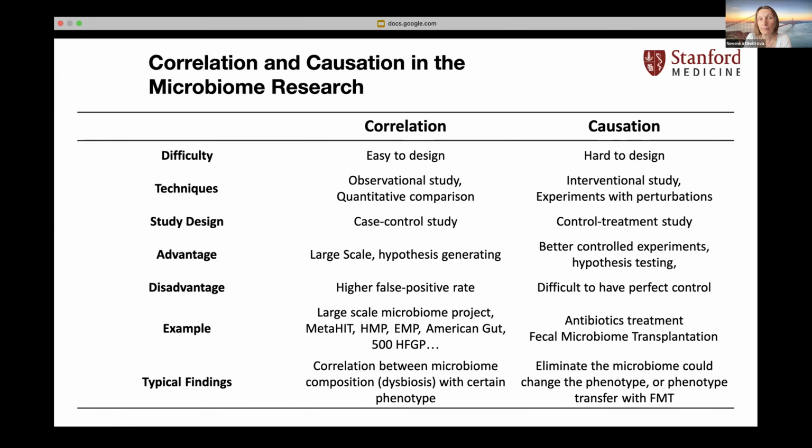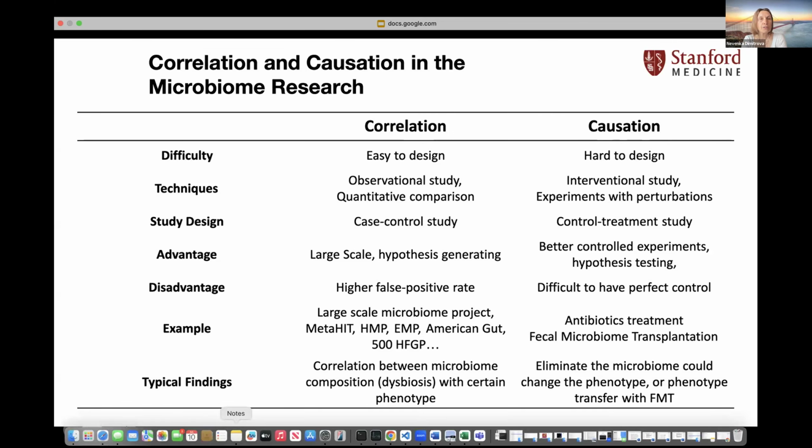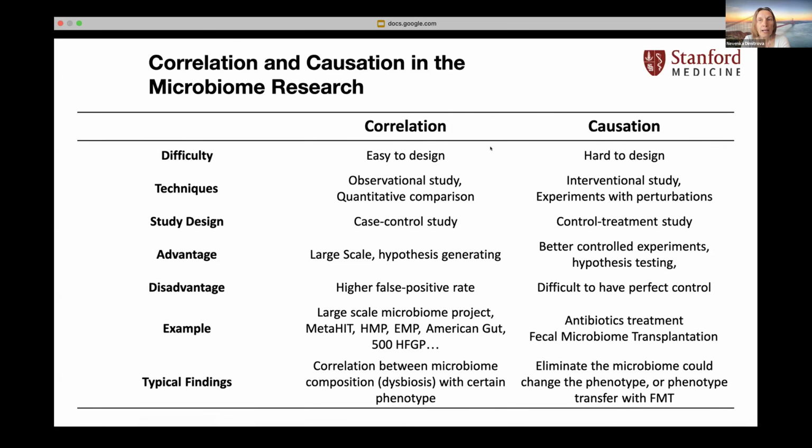So now you say, okay, we will perform various types of deep learning and machine learning analysis. What are we going to learn from this? I think there is always this note of caution and distinction between correlation and causation. Most likely, we are going to be in the correlation and association space. Here, it's easy to design.